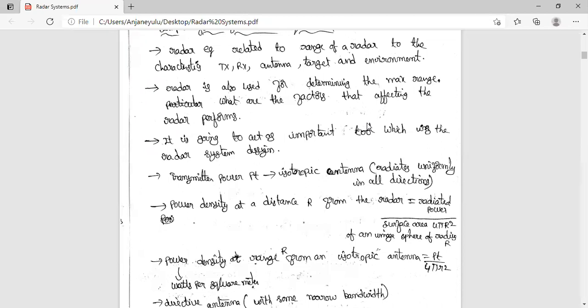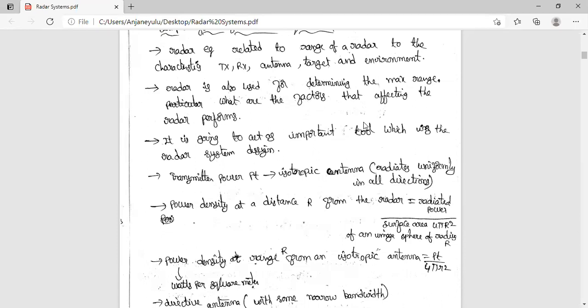So it has a gain of capital G, meaning it is high gain because it should have high directivity, to transmit the electromagnetic waves in a particular direction. So the gain of the antenna is capital G.